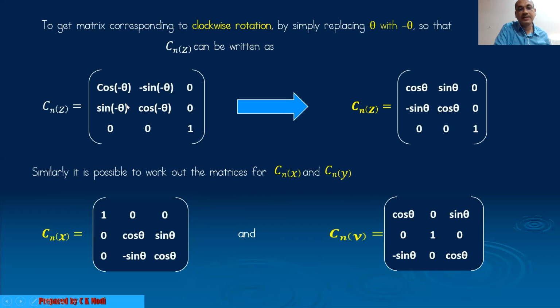So CnZ becomes: cos of minus theta is equal to cos theta, and sine of minus theta is equal to minus sine theta, so minus minus becomes plus sine theta, 0. Sine of minus theta is equal to minus sine theta, cos of minus theta is equal to cos theta, 0, 0, 0, 1. So for clockwise rotation, the CnZ matrix is cos theta, sine theta, 0; minus sine theta, cos theta, 0; 0, 0, 1.